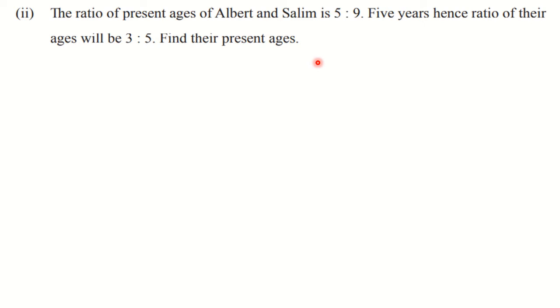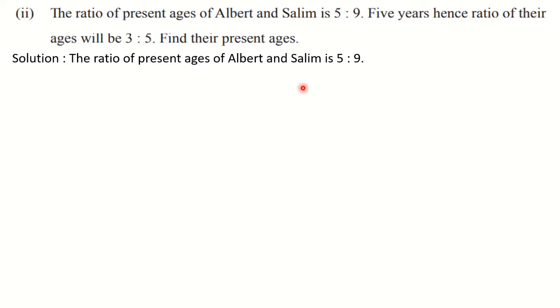I told you that the first statement you are going to copy from the question itself. So the first statement in the answer is: the ratio of present ages of Albert and Salim is 5:9. Then we have to go for its common multiple, which you are going to take as x. That is your second statement: let the common multiple of this ratio be x.